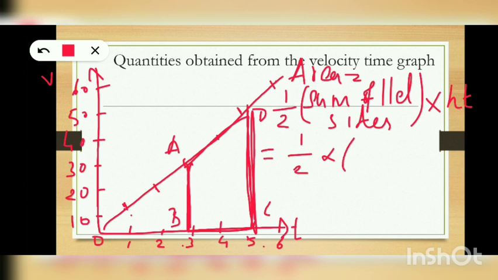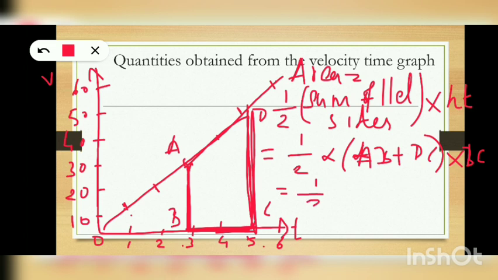So the sum of parallel sides will be AB plus DC, into height. Height or base, both are the same, and the base of this trapezium is BC. Equal to half into, what is AB? AB is 30, so AB is 30 plus DC.